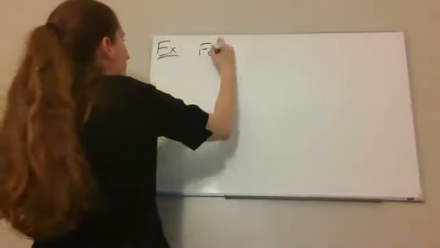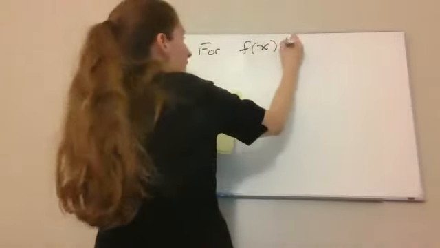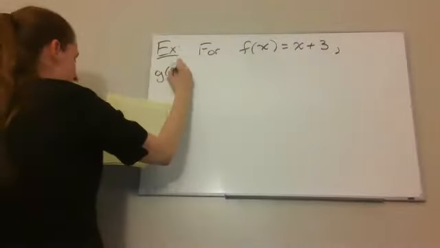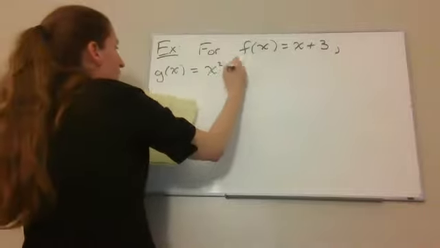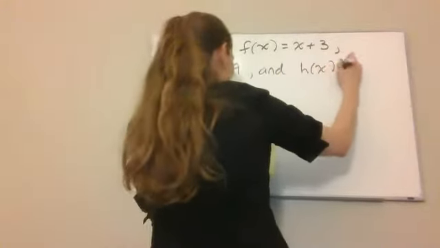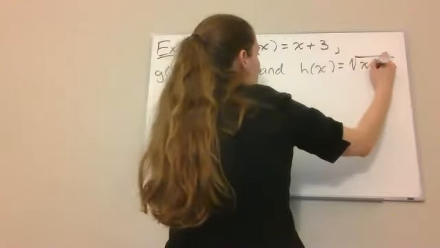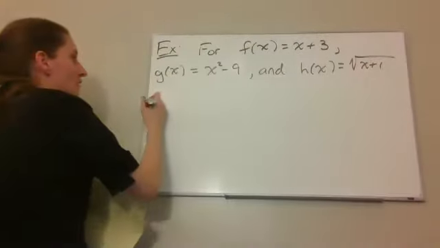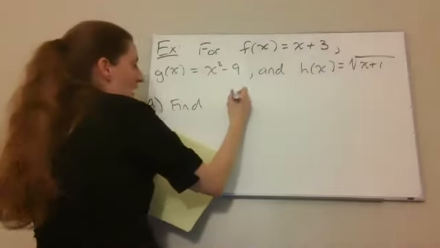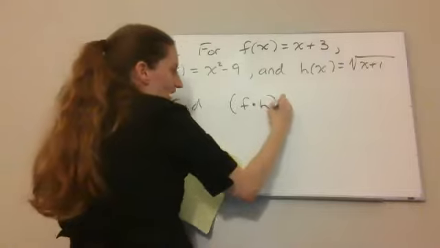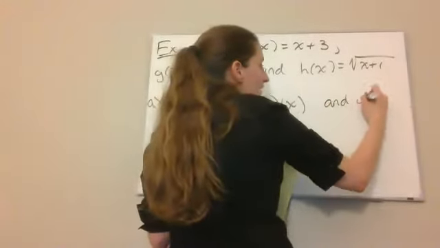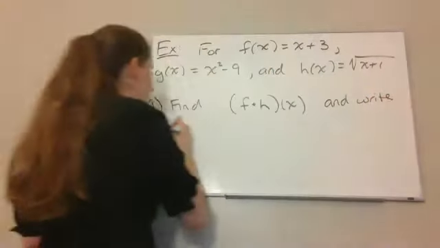We have f, which is x plus 3, g, which is x squared minus 9, and we'll have h, which is square root of x plus 1. And the first thing we're going to do is find f times h of x and write the domain in interval notation.